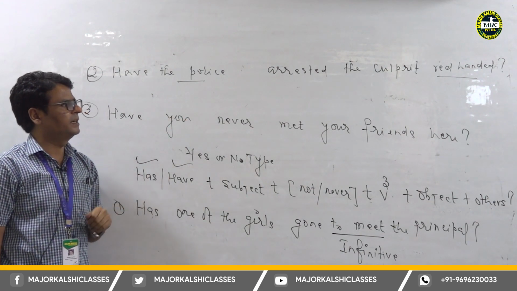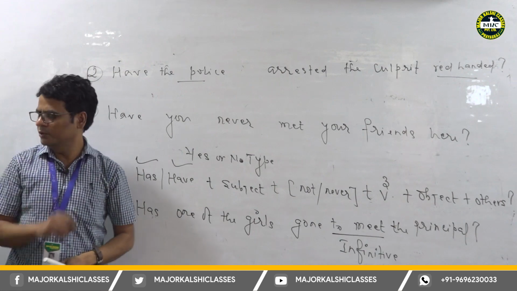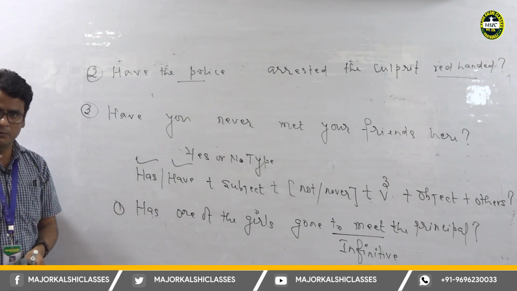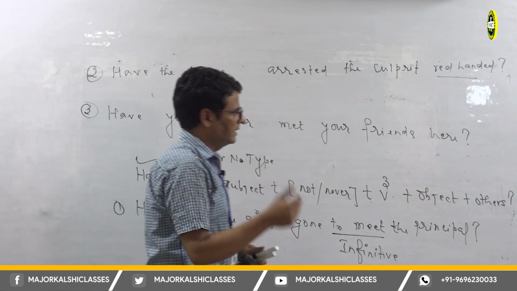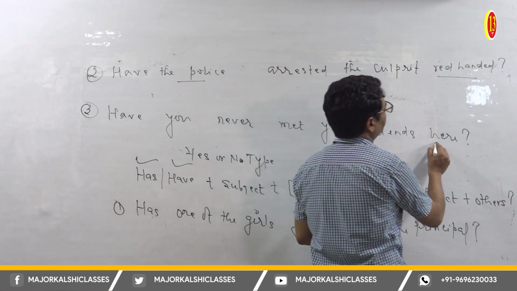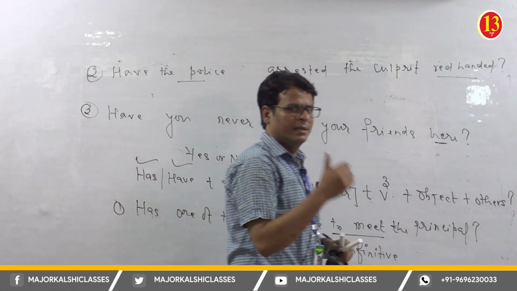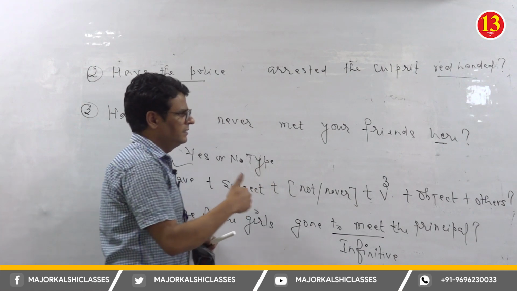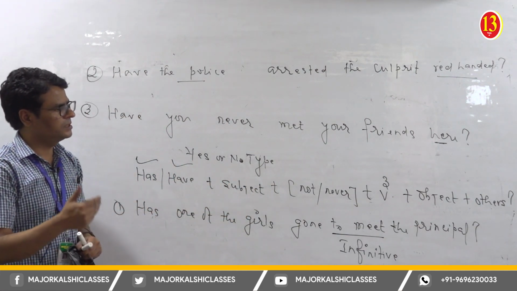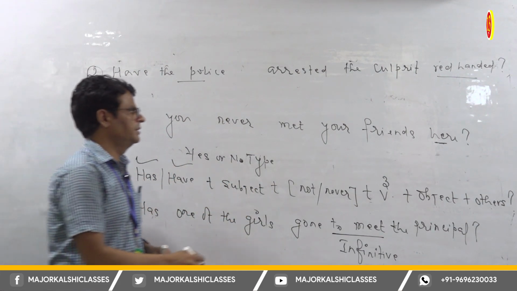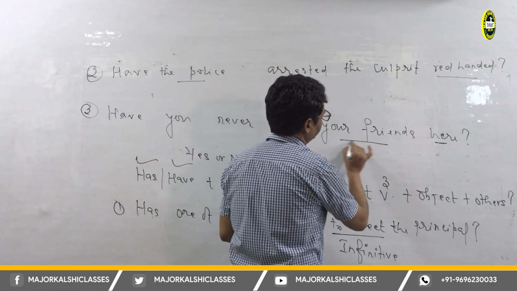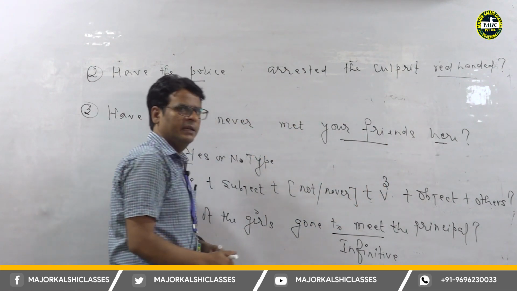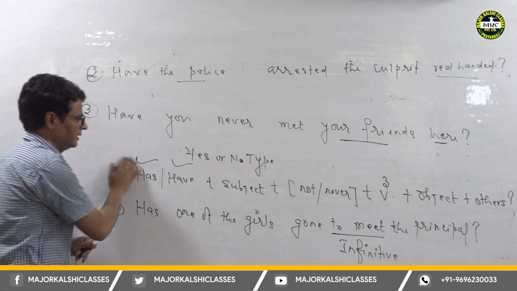Have you never met your friends here? And you have to follow MPT very strictly. Here you can see there is only one word, that is place, MPT, and these MPT are used just after the object. Object is here your friends, and after that you have to apply MPT if you find any.